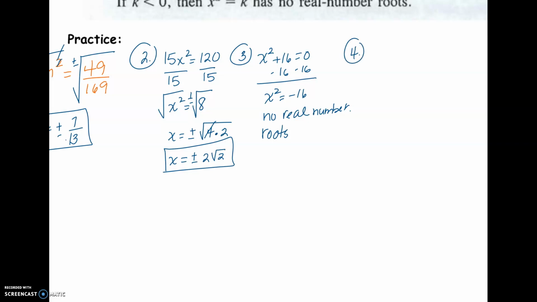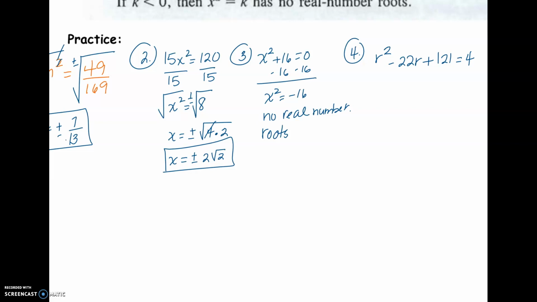Number 4, r squared minus 22r plus 121 equals 4. So what do I see that I have here?